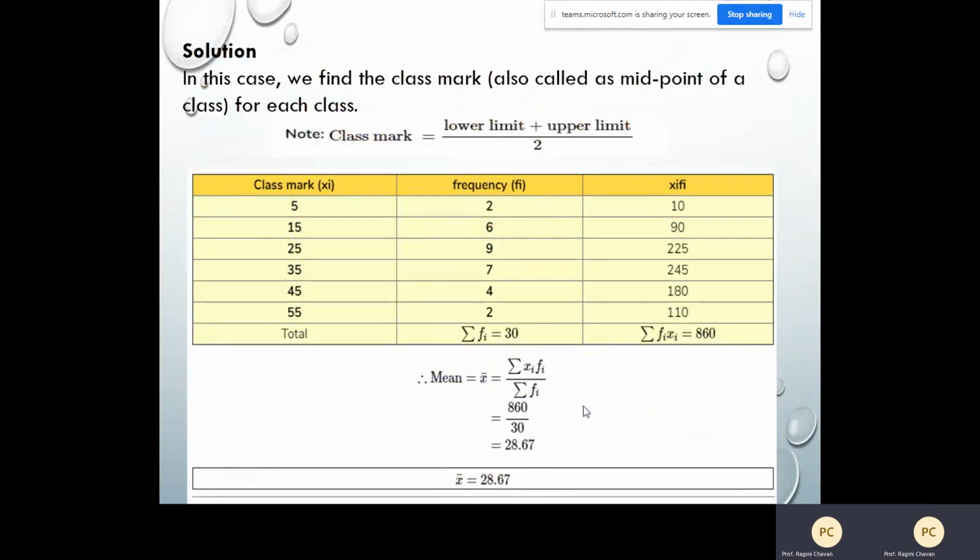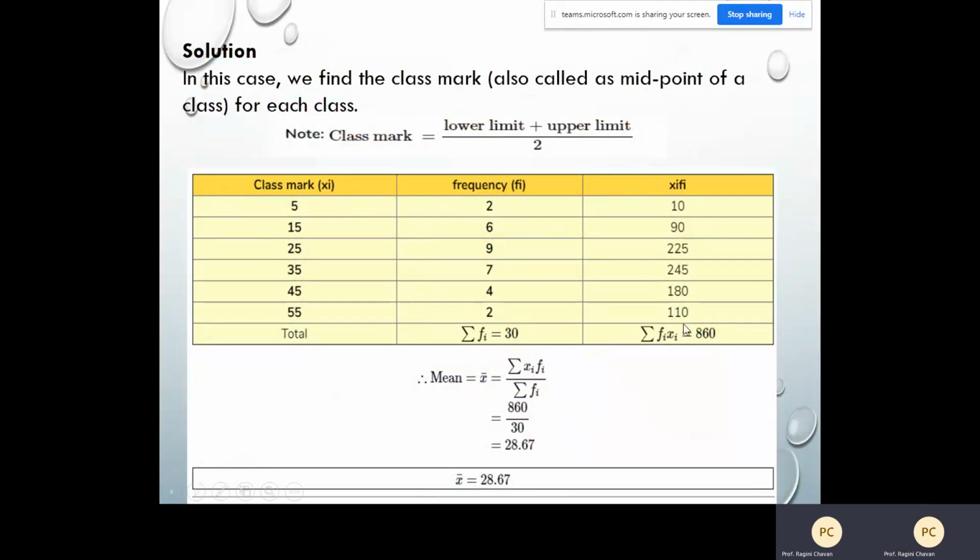So we have to find out this class mark for every class and indicate it as xi values. So to find out this mean for this continuous data, we need to find out class mark as xi, then copy frequency fi in the second column, and again add one more column, which is product of xi fi.